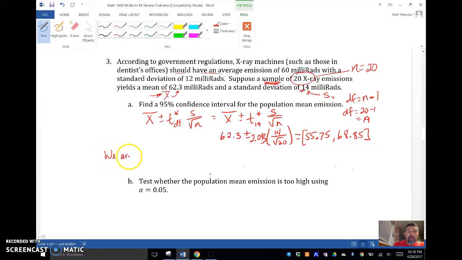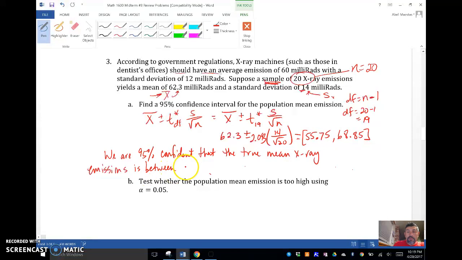So we're going to say we are 95% confident that the true mean X-ray emission is between 55.75 millirads and 68.85 millirads. Millirads. It's radical. It's a millirad.